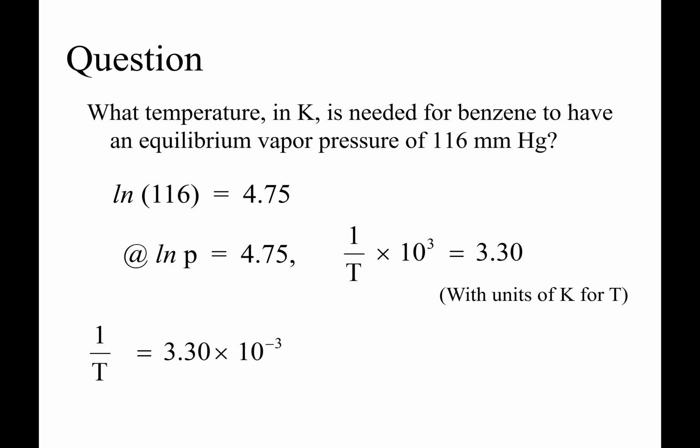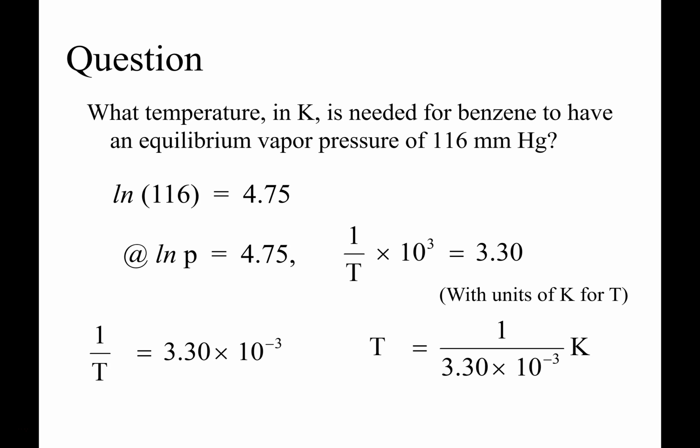All right, so now we need to basically unpack that temperature. So to unpack it, we are going to take the inverse of it. Does that make sense? If 1 over t is equal to this, then to get t, I'm going to take 1 over that. Exactly what we're going to do. If you take the inverse of 1 over 3.3 times 10 to the third, you're actually going to get t, and units will be Kelvin.